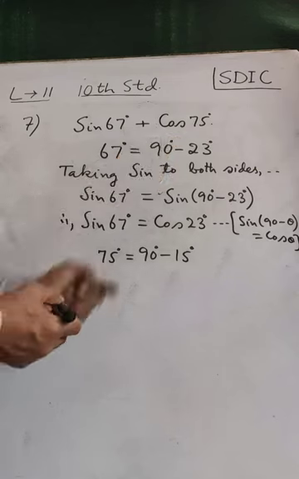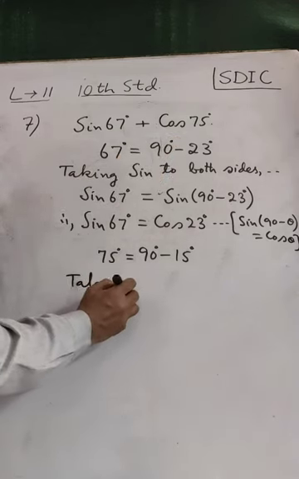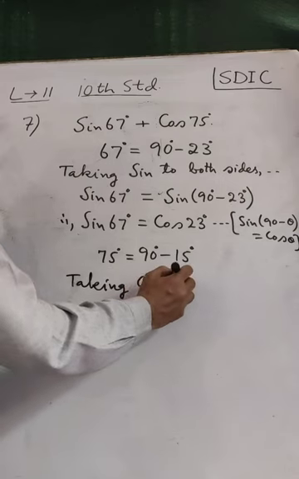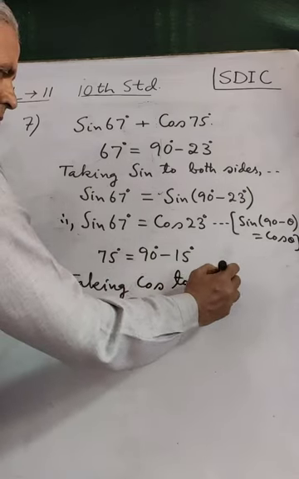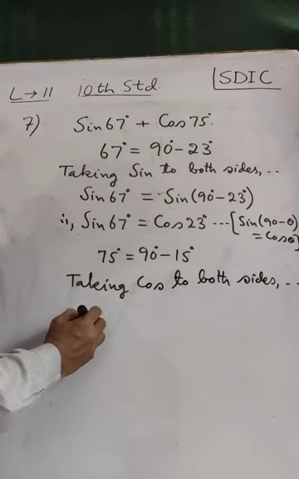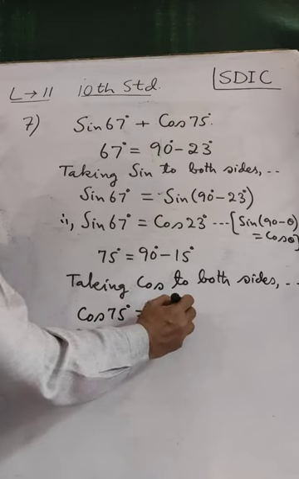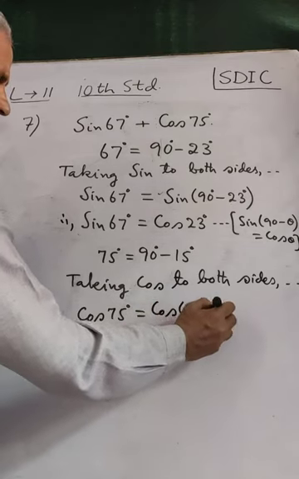So taking cos to both sides, we get cos 75 degrees is equal to cos 90 minus 15 degrees.